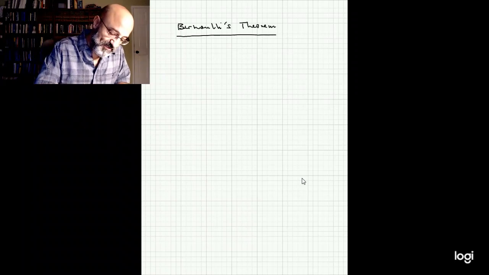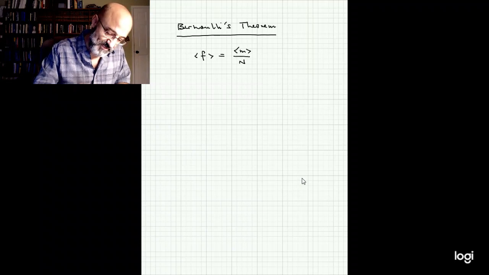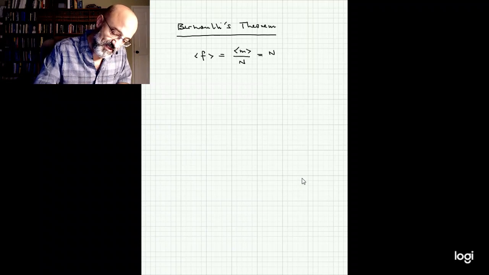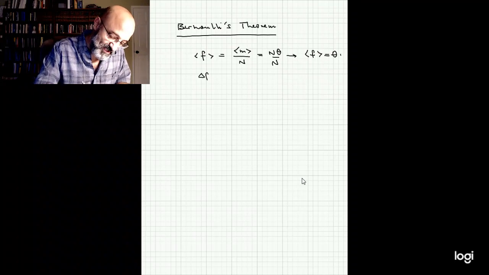Bernoulli's theorem says, well, what if we look at the binomial distribution and we look at the frequency? That's the frequency, n theta divided by n. So we have that the expected value is theta. And we also have a variance, which we computed before. The variance is theta (1 minus theta) divided by n.